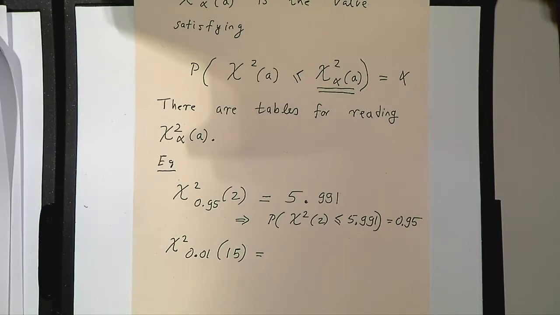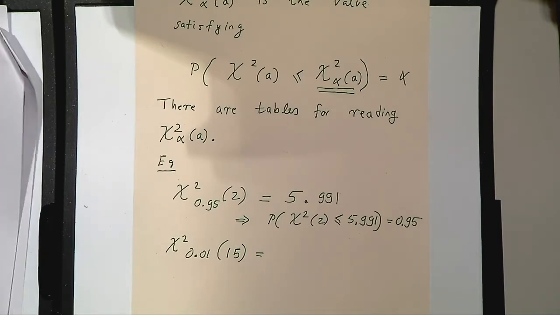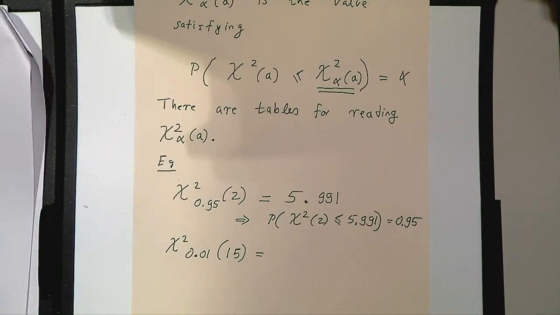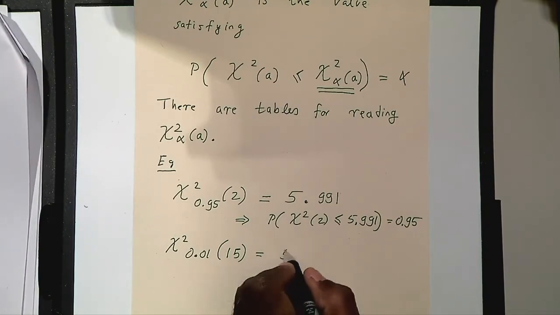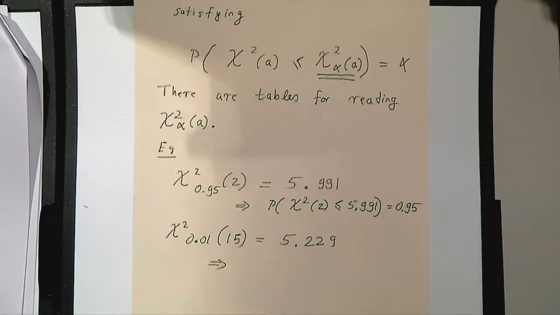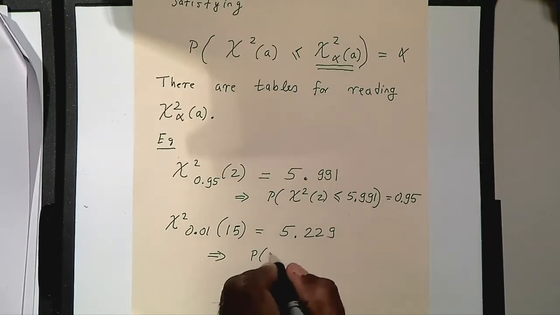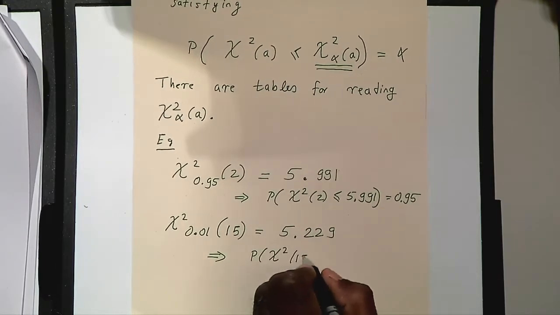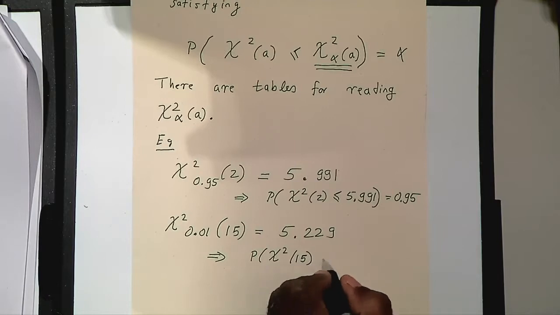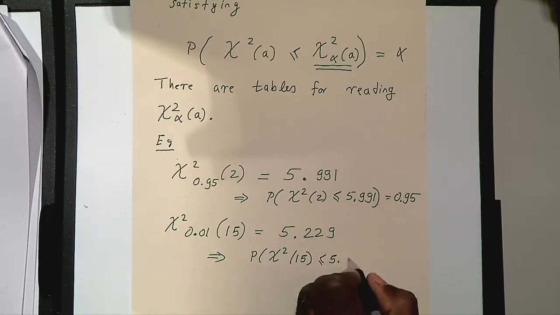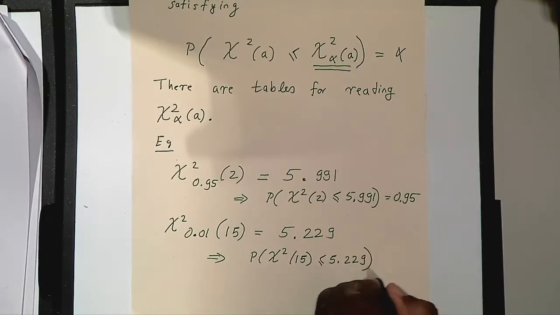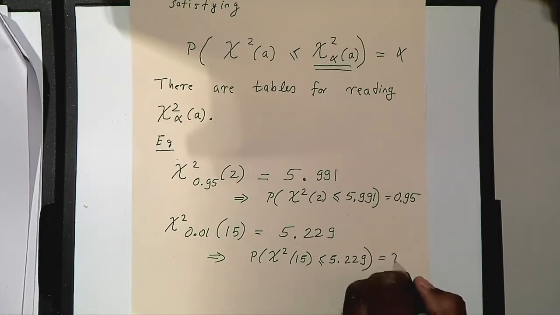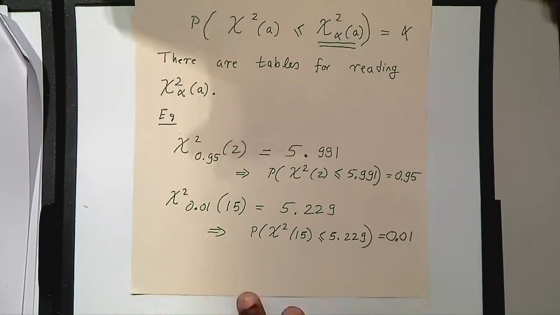It is 5.229. So this implies that the probability that a chi-squared variable with 15 degrees of freedom is less than or equal to 5.229 is 0.01.